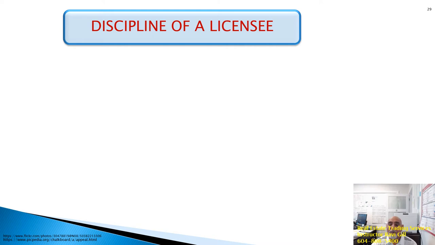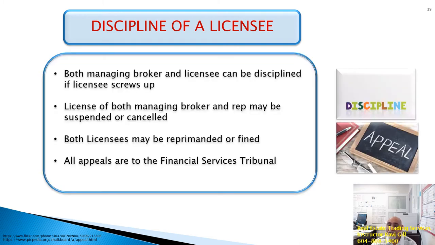Okay, when you become a realtor, you have to be very, very careful, and you have to do deals legally and ethically. You can be disciplined for any items where you do not follow the legalities.